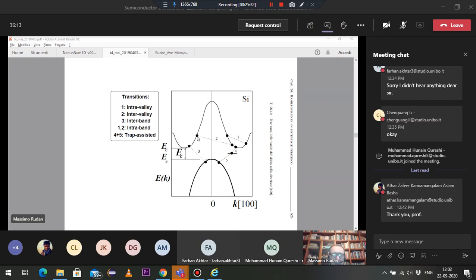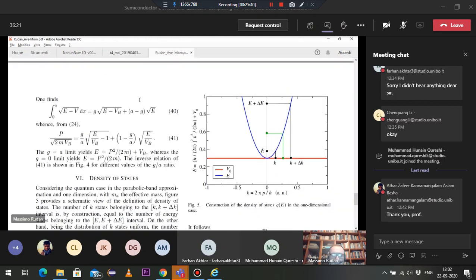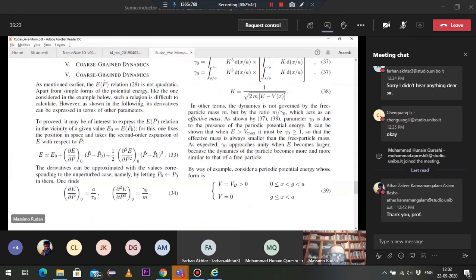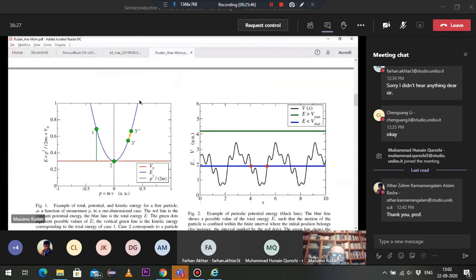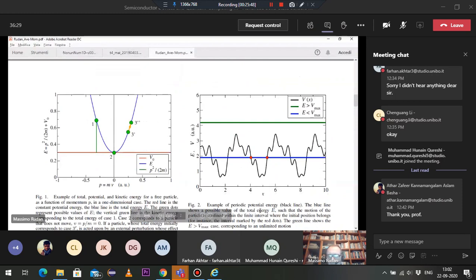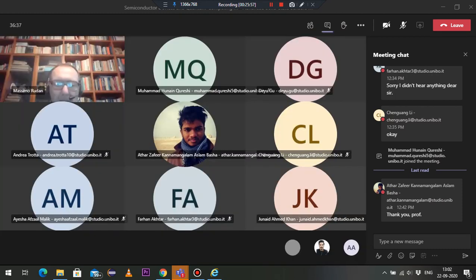You remember the figure that is visible here on the left.